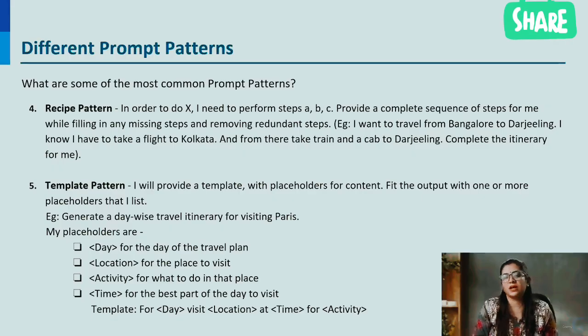So this becomes your entire output, and you're giving the template and placeholders to place my information in these and generate output in the form of this line, for day, visit location, at time, for activity, containing everything. So these are your 5 prompt patterns that you can imbibe while designing your prompts, so that you have better responses from ChatGPT.